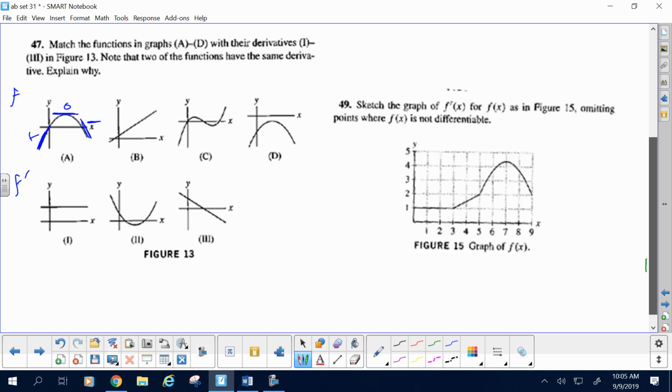Which of those has 1, 0 and is positive before that 0 and negative after? 3 is positive, 0, and negative. When I say positive derivative, I mean the graph of the derivative is above the axis. When I say 0 derivative, that means it crosses the x-axis. The negative is below. So this is graph 3.